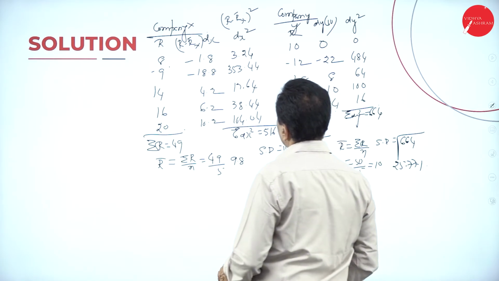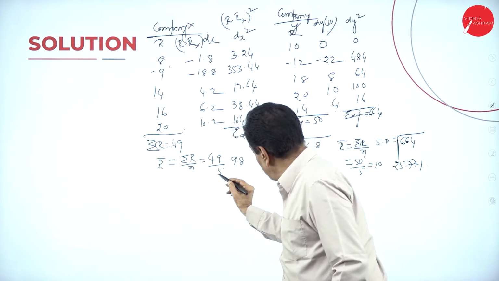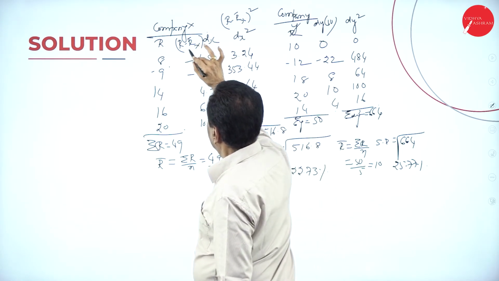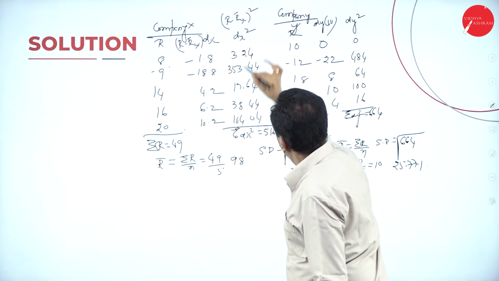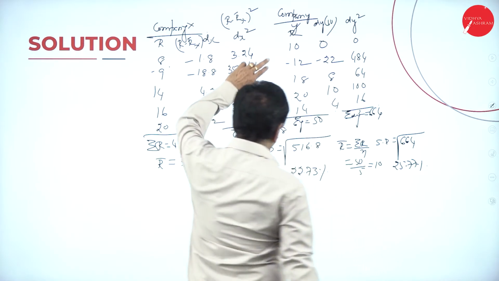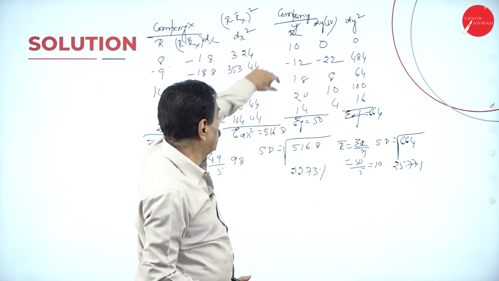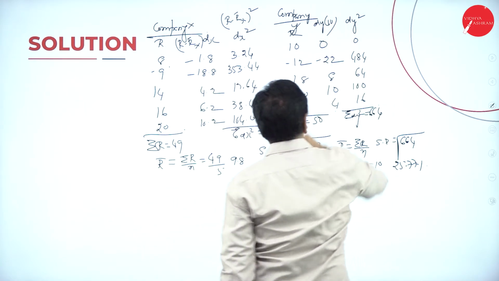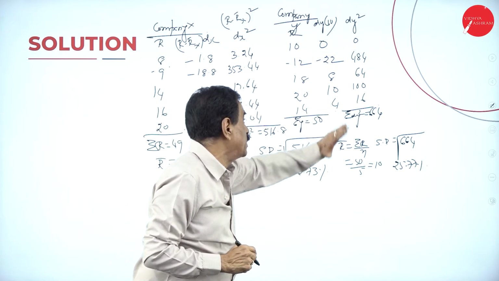See the steps we have taken. R is given, calculate the mean, take the deviation, call it dx, R minus R mean, then dx squared. Then take the y, deviation from 10: 10 minus 10, 12 minus 10 is 22, 18 minus 10 is 8.